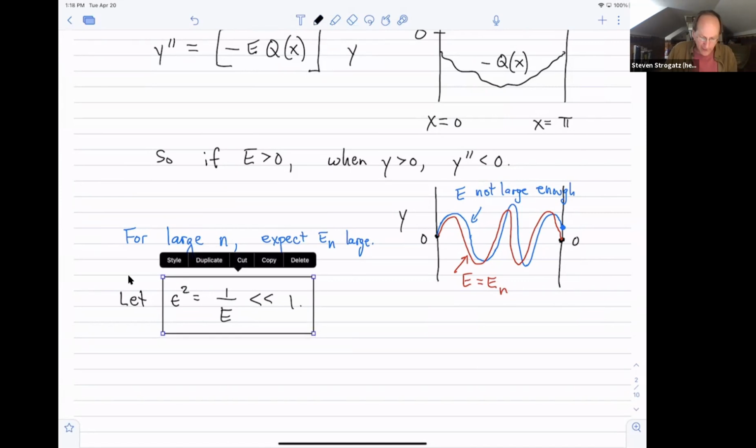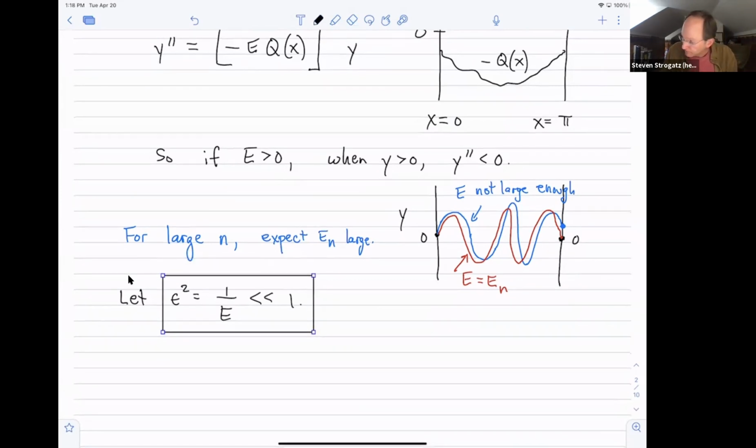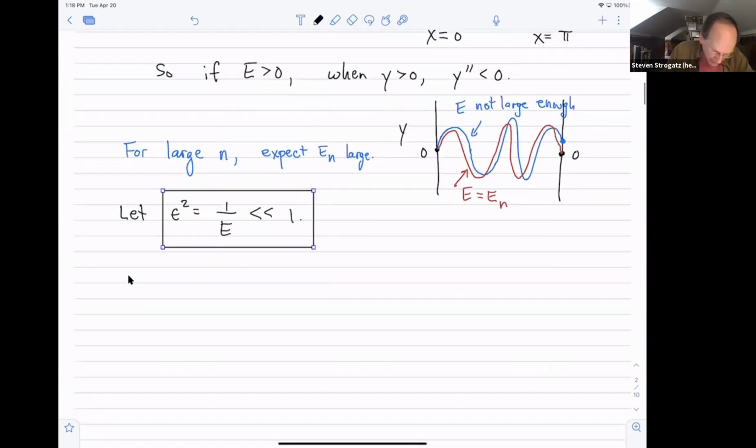So the reason I'm defining it like that is because then my problem becomes translated into something we're used to. It becomes epsilon squared y double prime equals minus q of x times y. Right, just replacing the E by the 1 over epsilon squared. So now we recognize this because we've been studying this for the past 2 lectures.